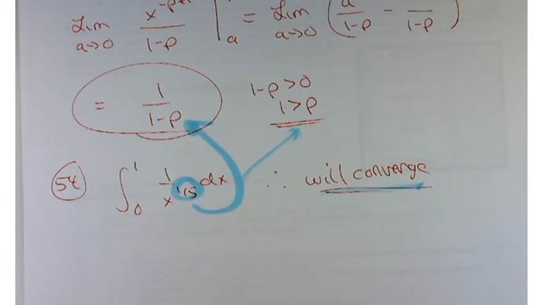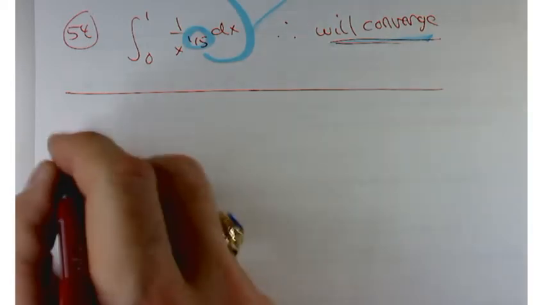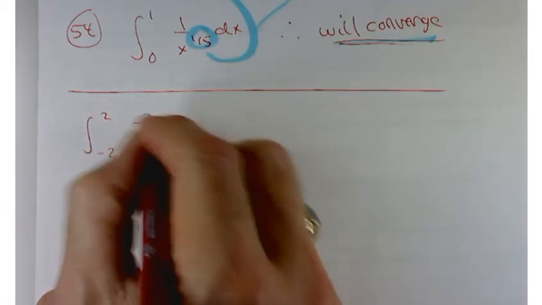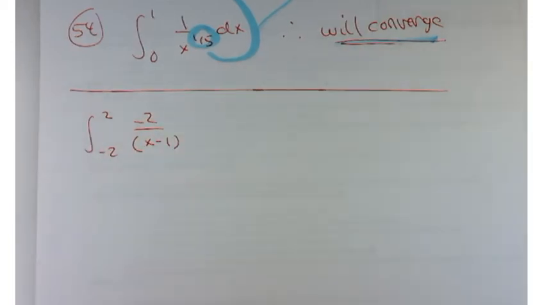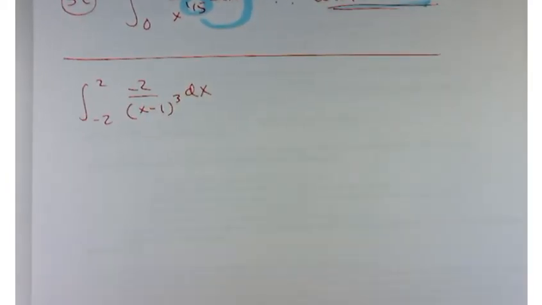Let's look at one last one, problem number 14. Problem 14 gives us the integral from -2 to 2 of -2 over x minus 1, cubed, dx.